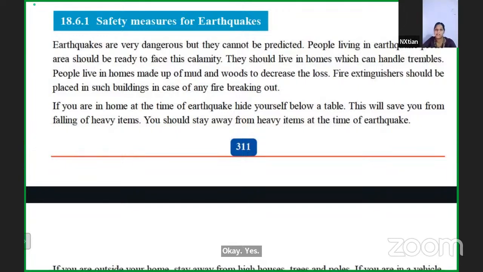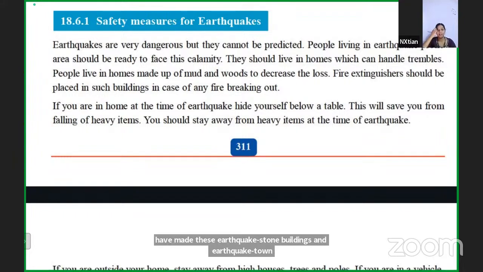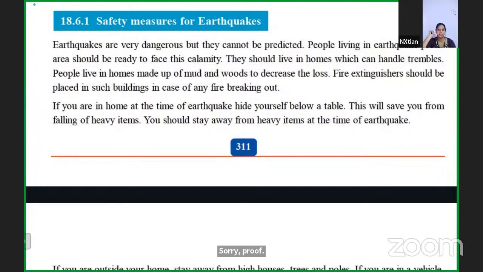In most situations they cannot be predicted. But yes, in Japan they have made earthquake proof buildings and houses so that they do not fall in the case of an earthquake.